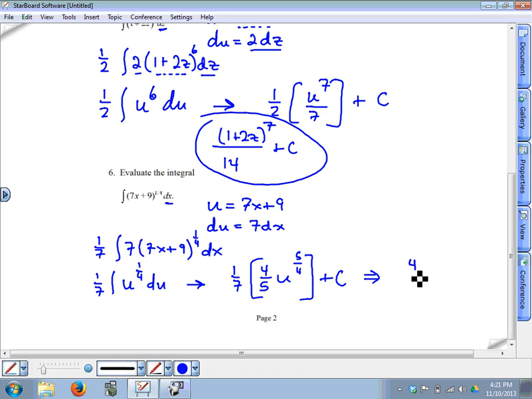We're going to get 4/35 times 7x plus 9 to the 5/4 plus c.